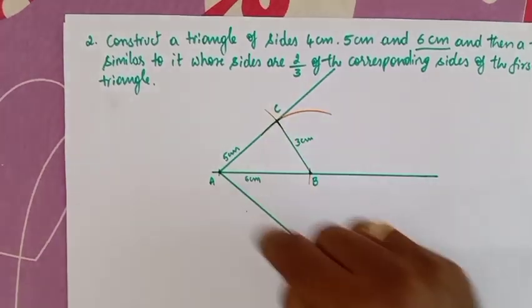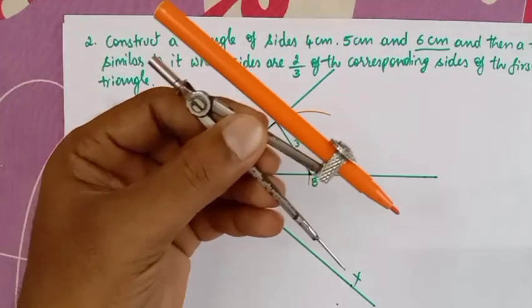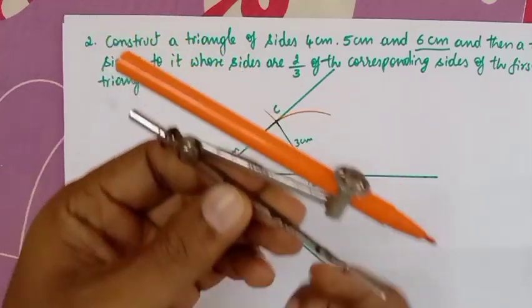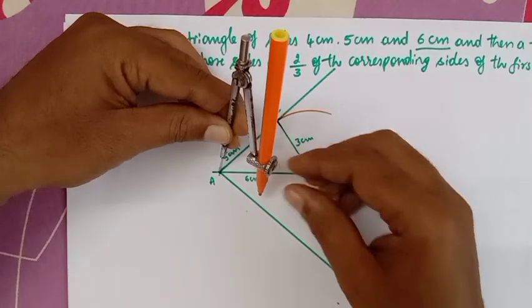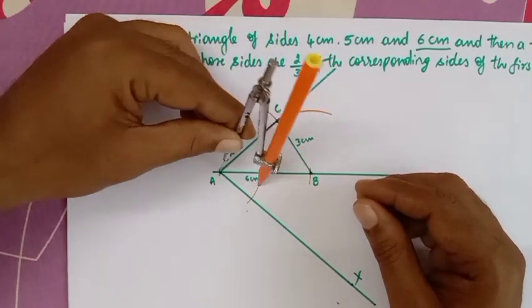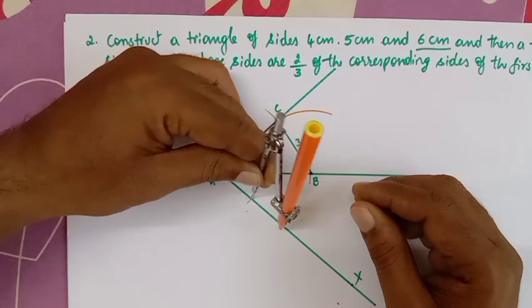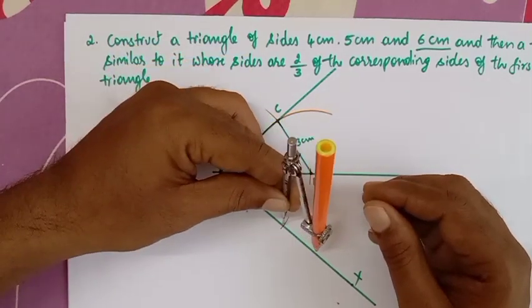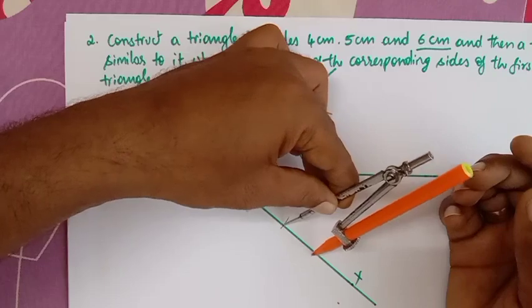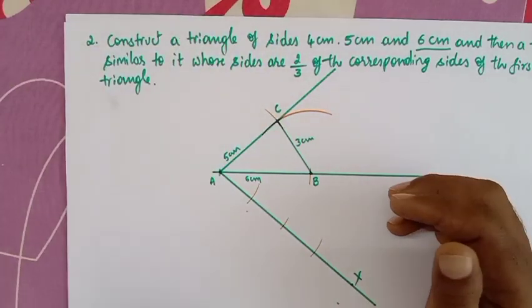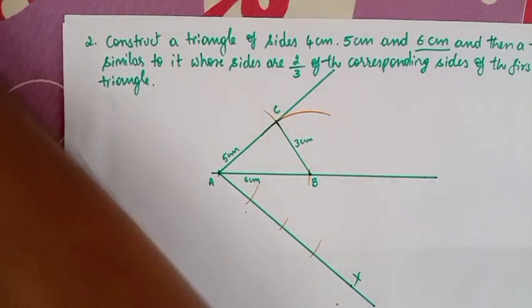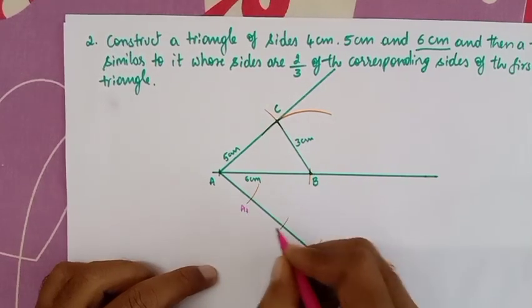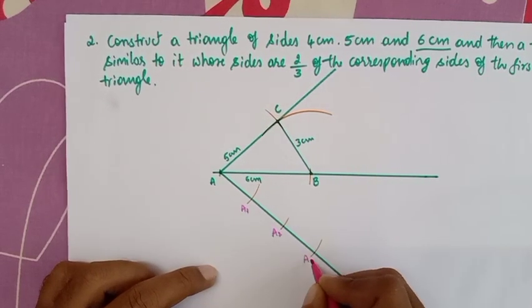Let me cut this line into 3 equal parts, taking any measurement. 1, 2, and then the next one is 3. 3 is sufficient here. So I will name these as A1, A2 and A3.